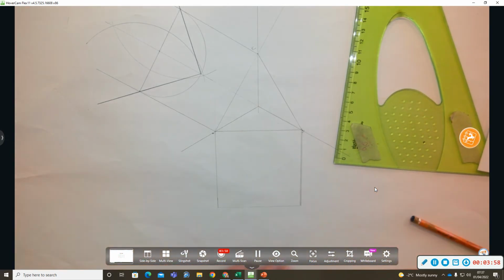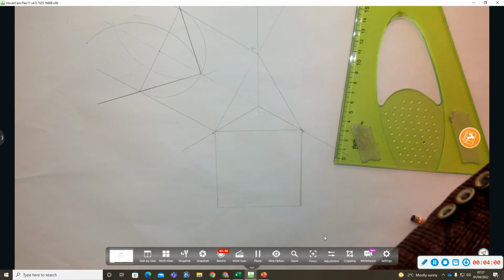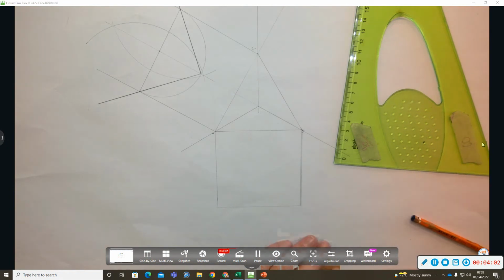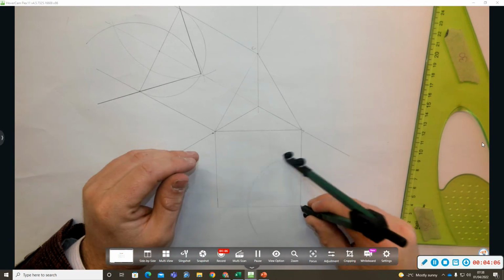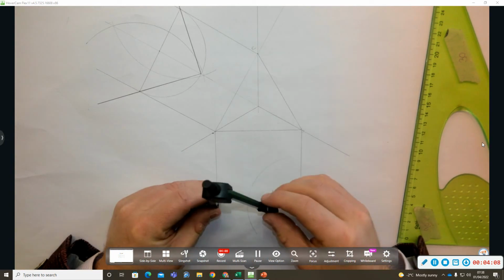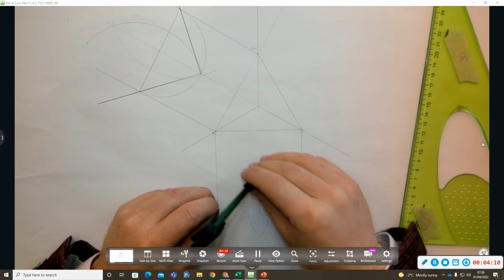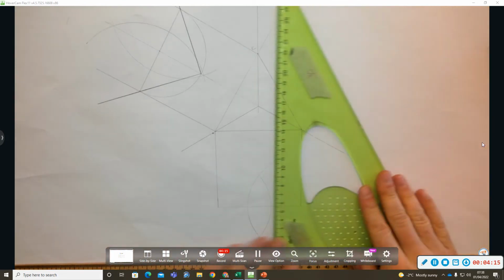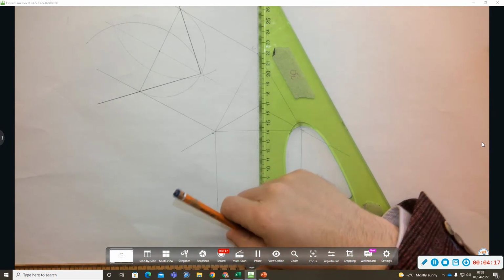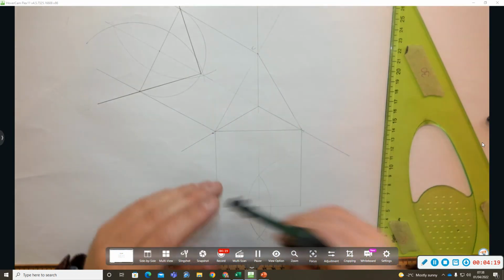Now, so we're going to bisect that angle again. Now, we're drawing our semicircle.